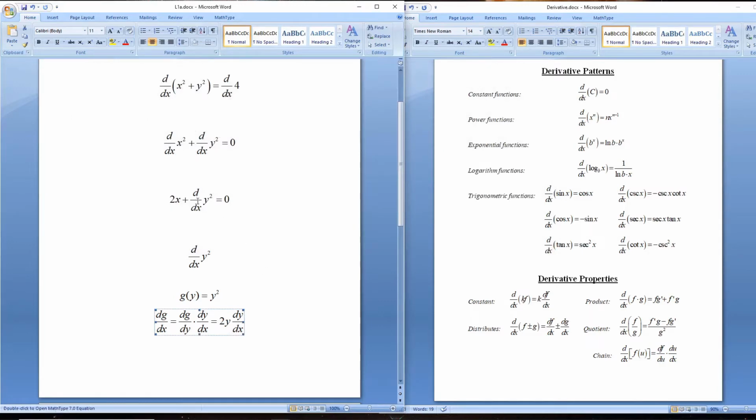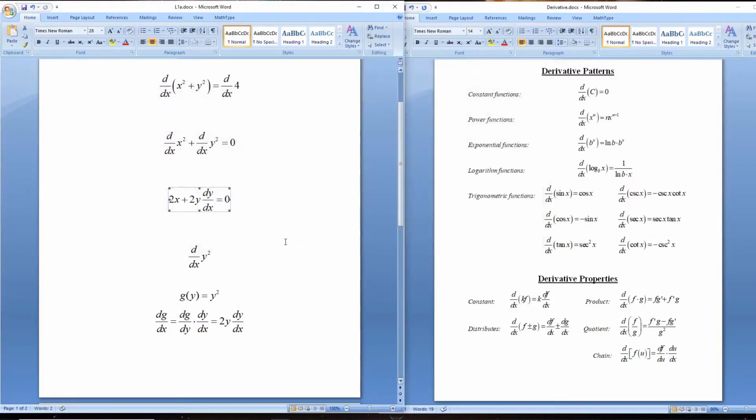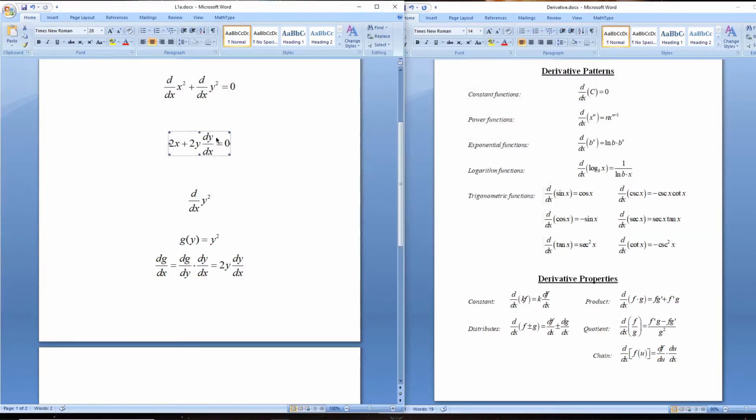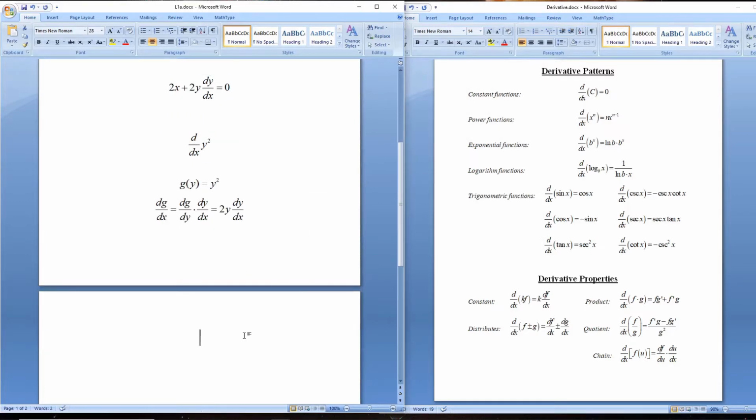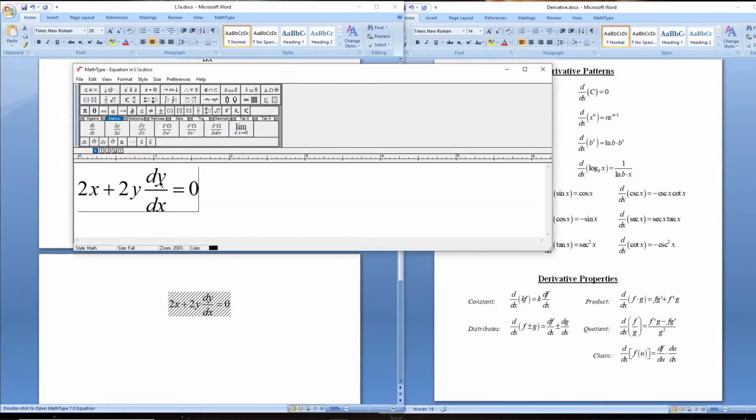So going back to where we left off, the derivative of y squared with respect to x is 2y dy dx. And I'm just going to pull that down here. And remember, our goal here is to find the derivative. And here it is, dy dx. That's the symbol for the derivative.